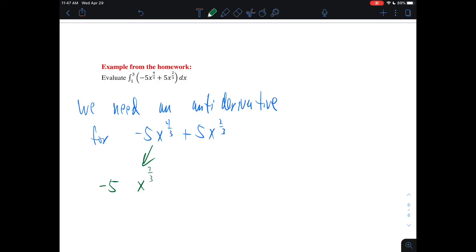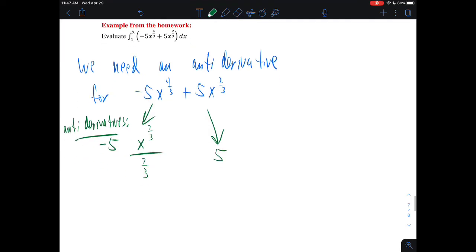But then I have to divide by the new power. So these are my antiderivatives. Just going to organize my thoughts with these. And then the other one, the constant 5 carries through.